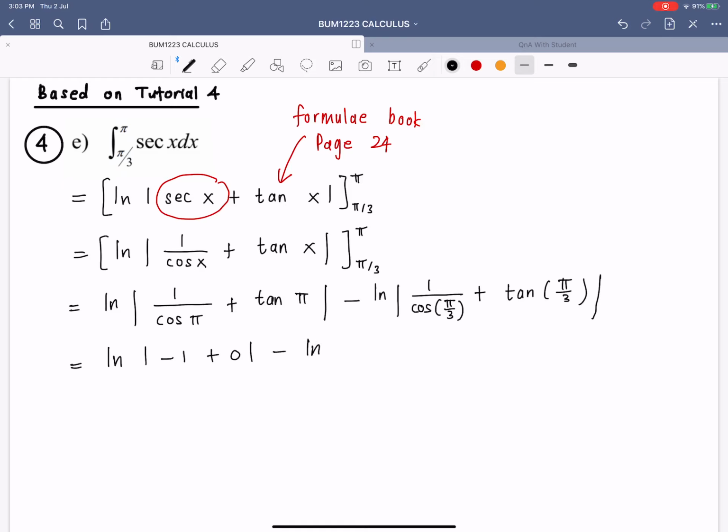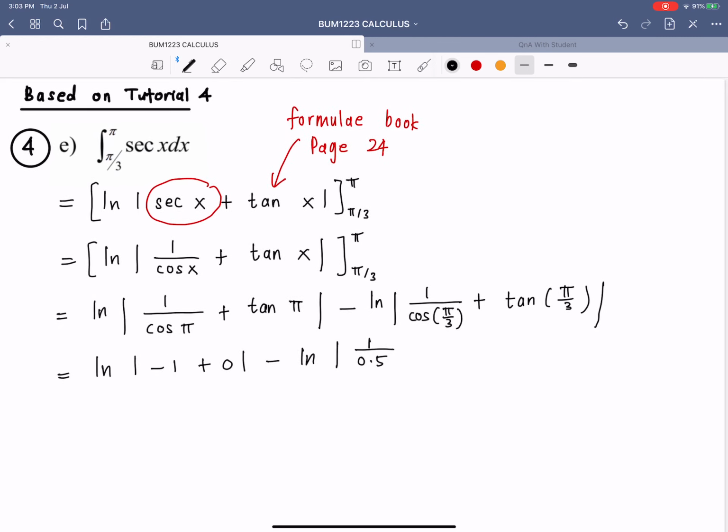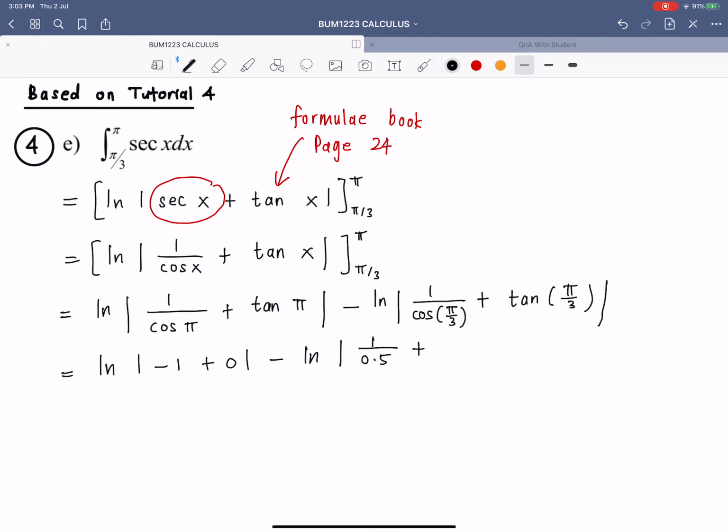Minus ln modulus 1 over 0.5 plus 1.7321. So modulus -1 will be +1. So ln 1 minus ln, 1 divided by 0.5 is 2.